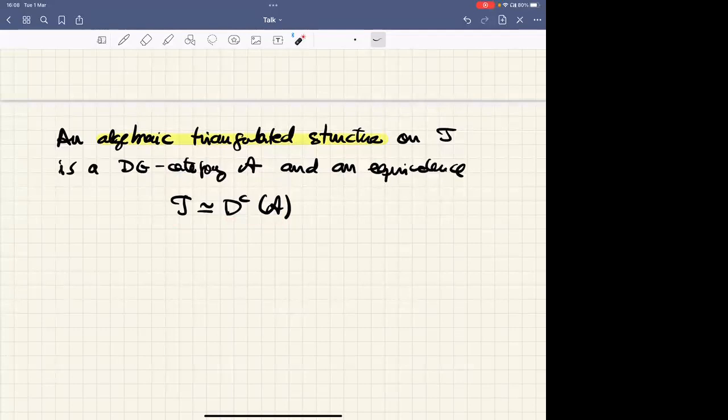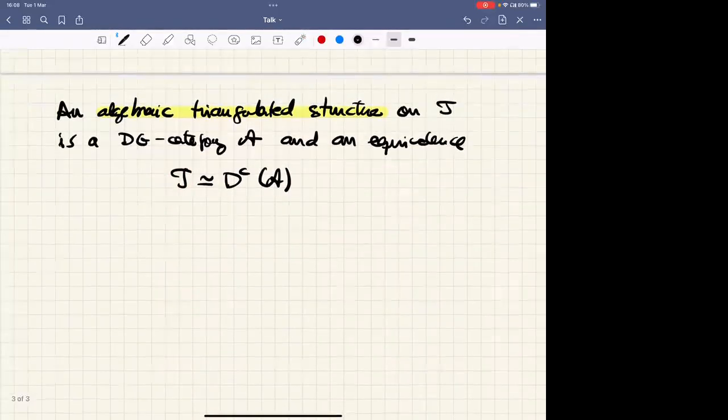If we haven't, then we can also transfer the suspension functor on the right to the left. Under these circumstances, we also say that A is an enhancement of T. This is the terminology of Bondal-Kapranov.